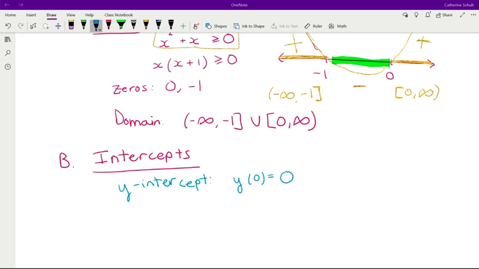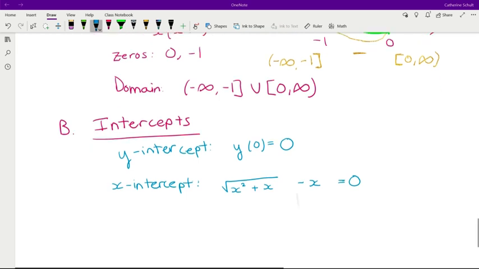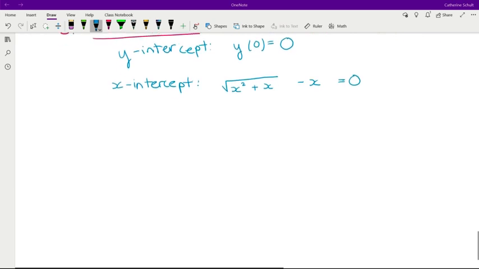Excellent. So let's talk about the x-intercepts now, or x-intercept, we don't know. So that's when our function is equal to 0. Okay, so how we solve equations with root symbols, if you remember, we isolate the square root.